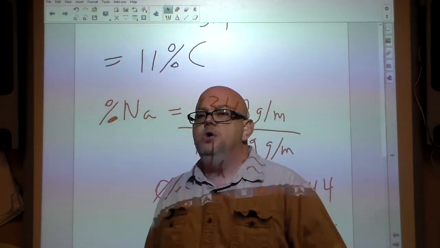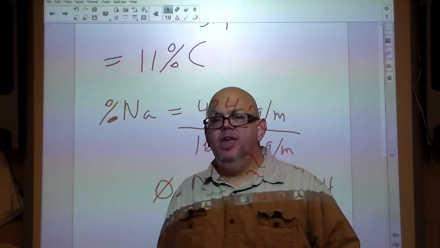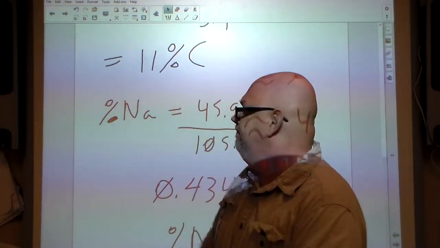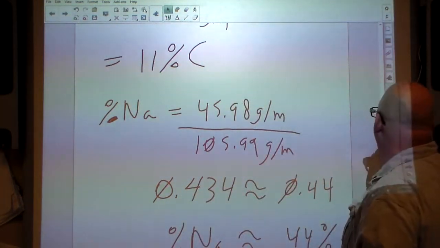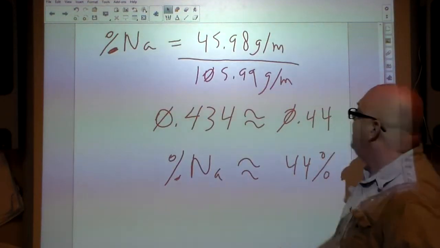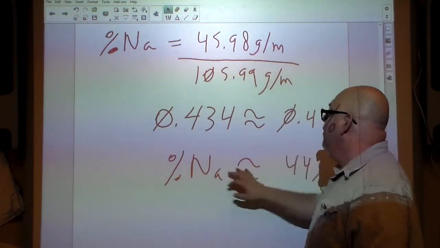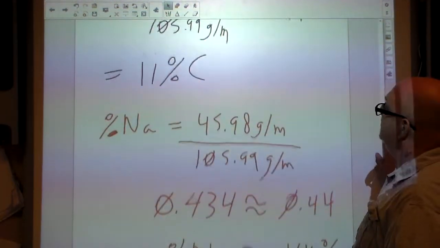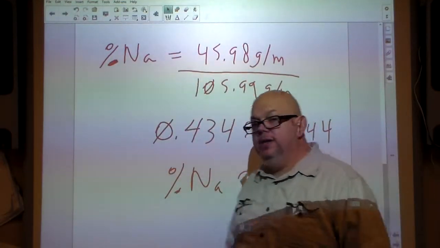When we work with numbers from the periodic table, we're really looking at the average, and that's what the chemists have figured out. So in this case it's about 0.44, or the percentage of sodium is about 44%.